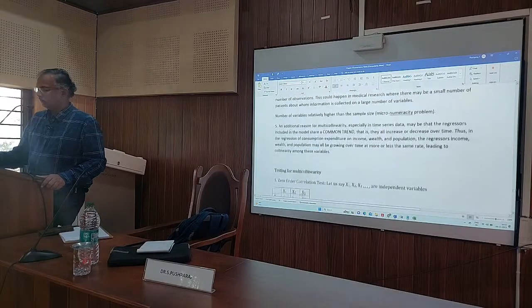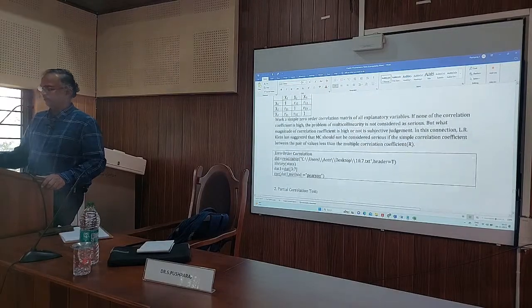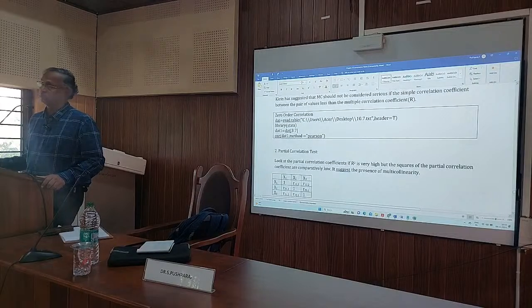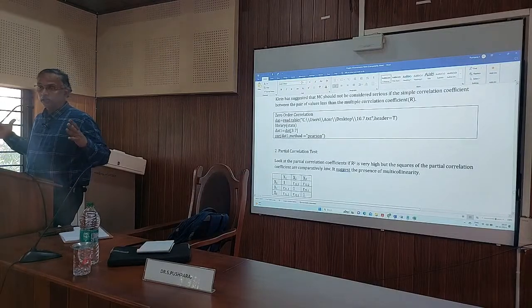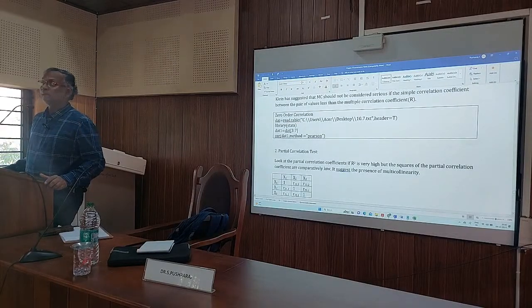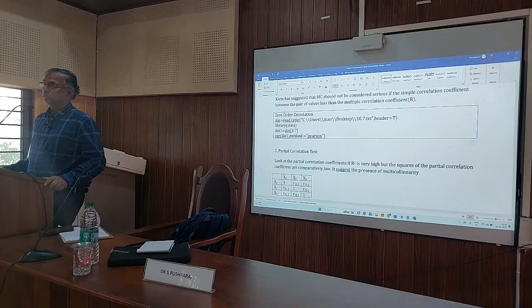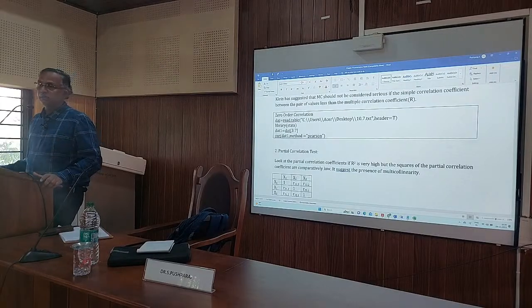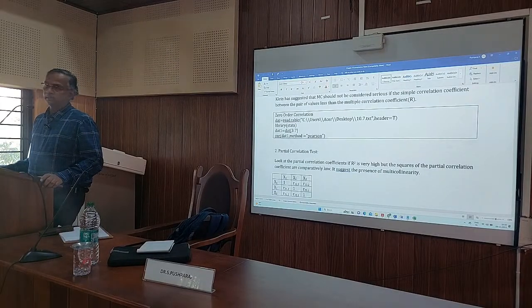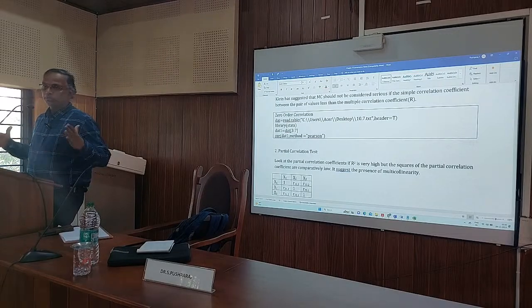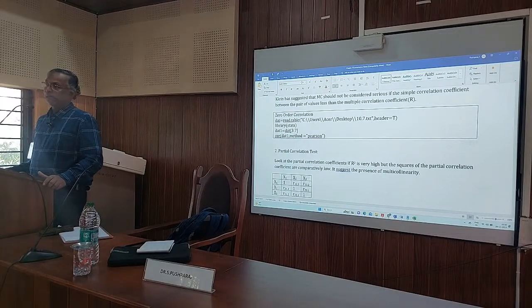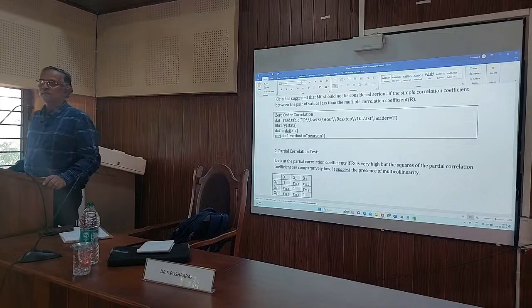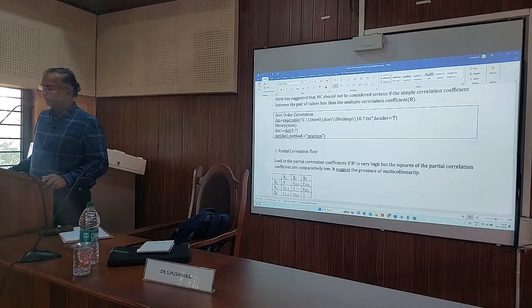Similarly, time series also will have this problem, because all the variables will have the same trend. GDP, capital stock, population, all will have a time trend in them. So you will have the problem of multicollinearity, and you have to be very careful when you are dealing with this.